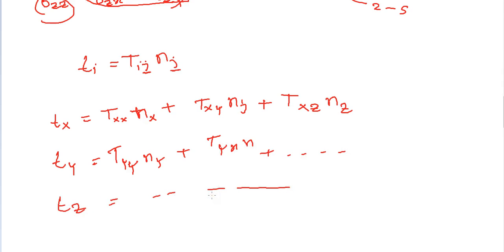So this is called the stress tensor t_ij. From there we can write the stress tensor, and these are the outer normal vector components, right? It's very easy to understand, and it's very simple.